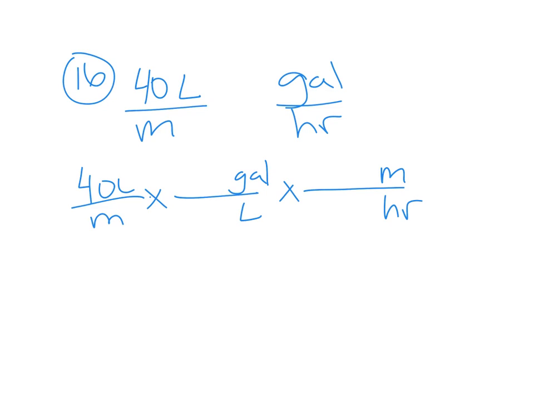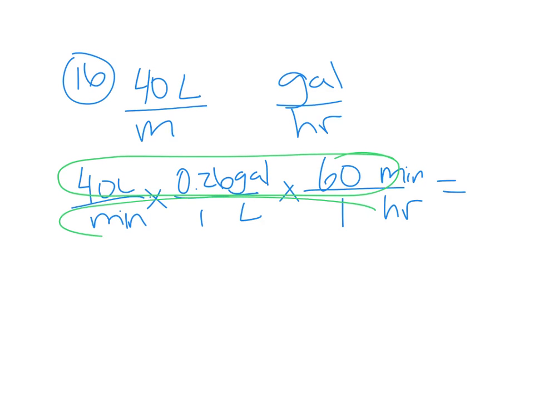How many gallons are in a liter? 1 liter is 0.26 gallons. And then how many minutes are in an hour?